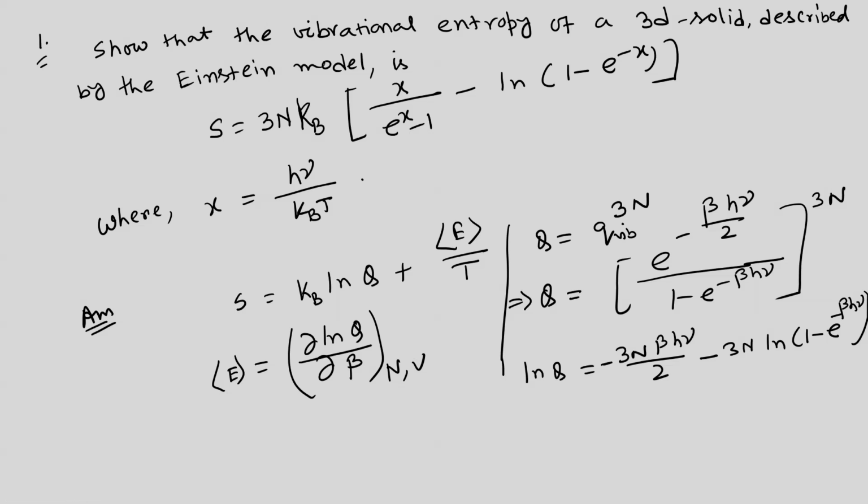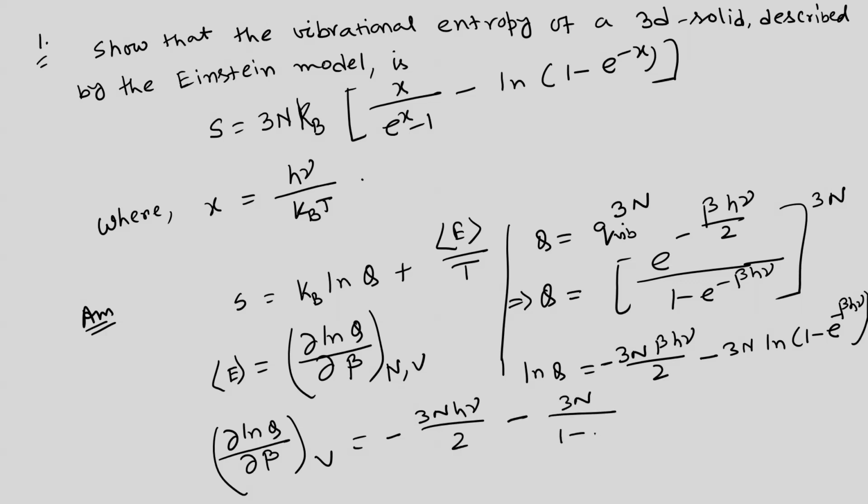We have got the value of ln Q. If we now differentiate ln Q with respect to β at constant N and V, we get del ln Q by del β at constant volume is minus 3n hν by 2 minus 3n by (1 - e^(-βhν)) times minus e^(-βhν) times minus hν. So, this is the value of del ln Q by del β.